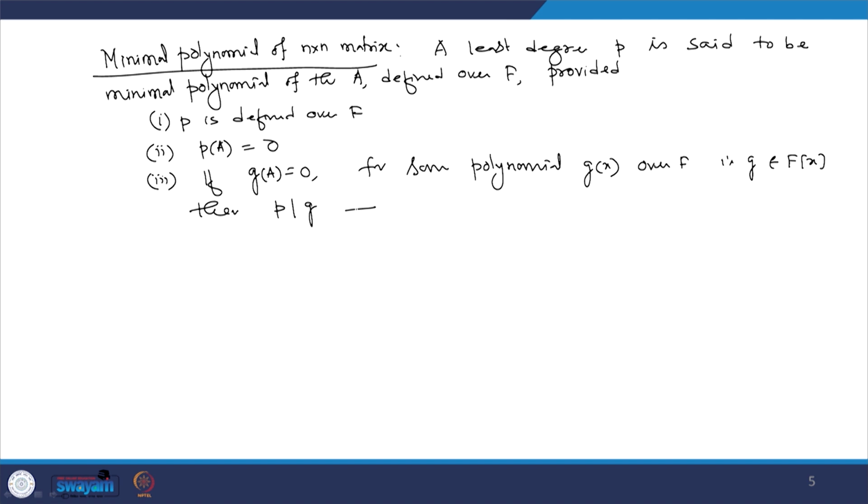So, from this definition it is clear that similar matrices have the same minimal polynomial.